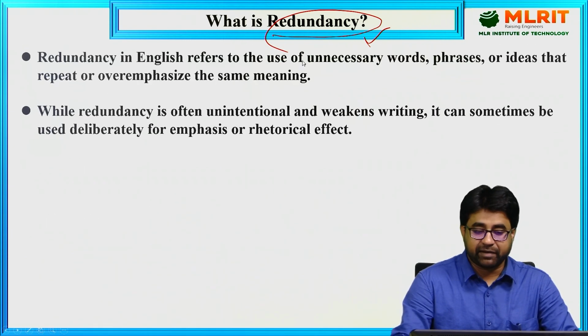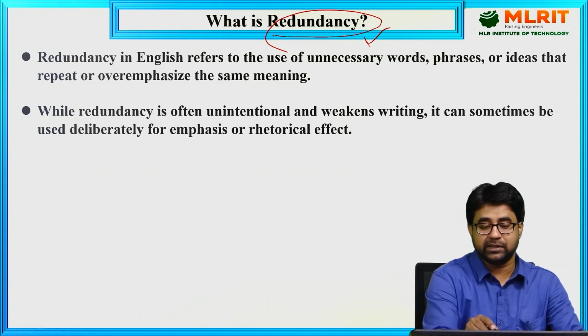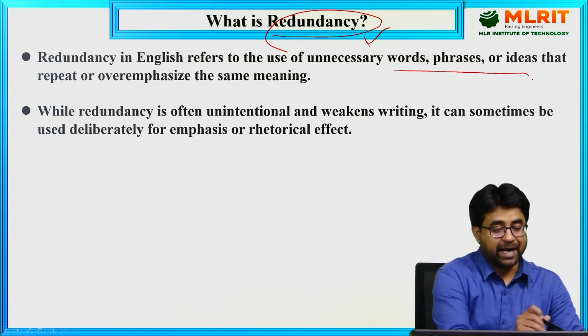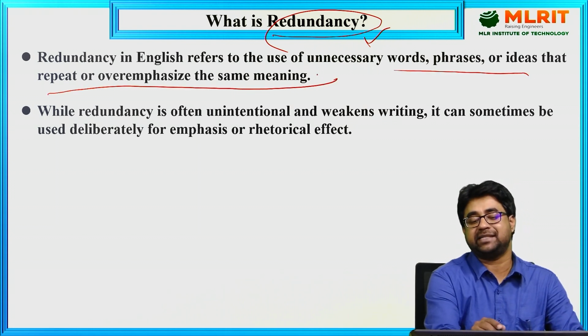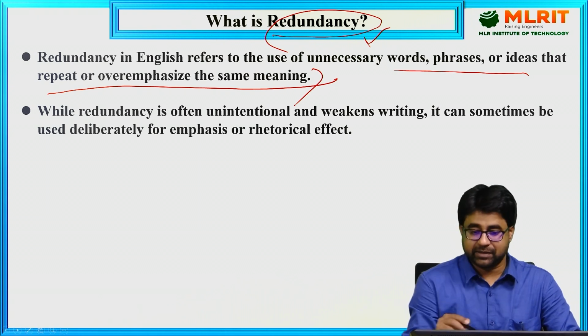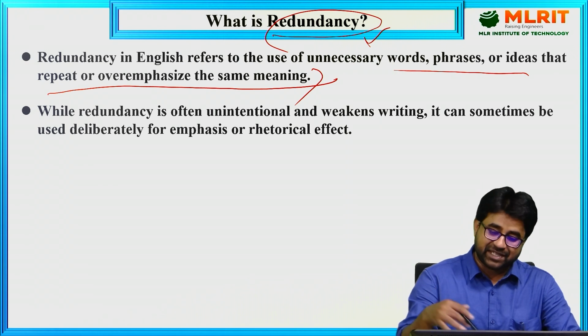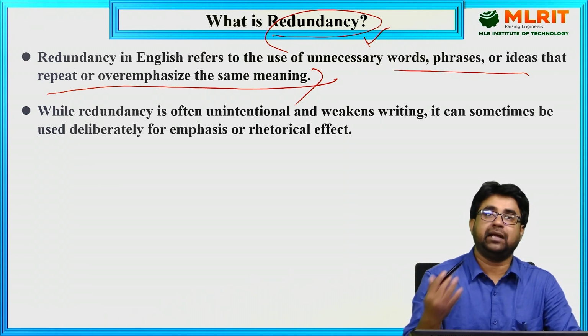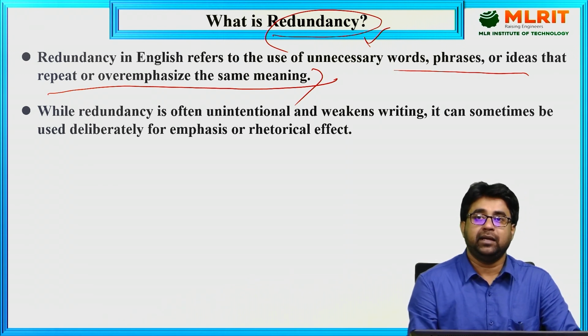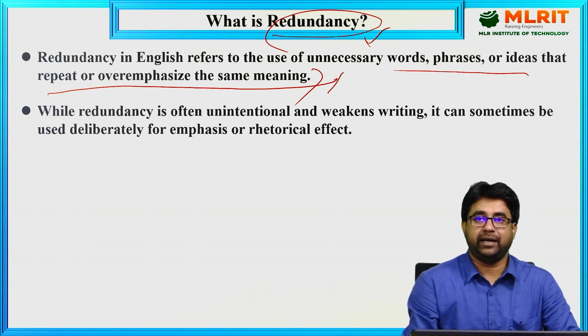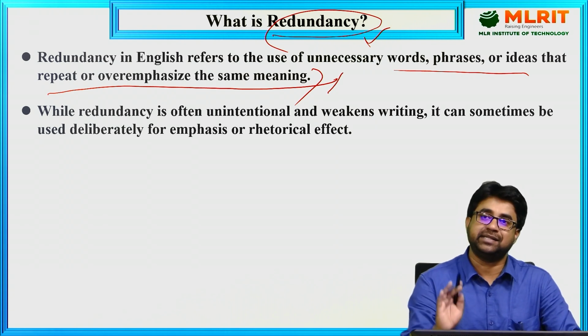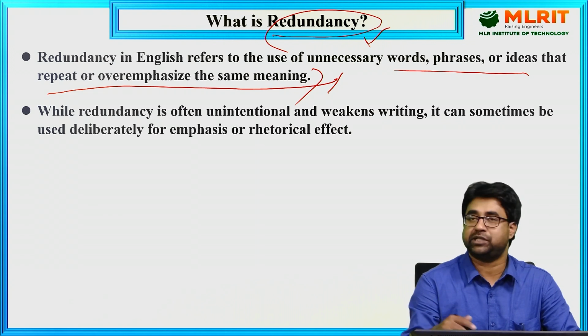Redundancy in English refers to the use of unnecessary words, phrases or ideas that repeat or overemphasize the same meaning. In a very simple way, redundancy means using extra words or repeating the same idea again and again, which are actually not relevant. So remember, redundancy means something that is not relevant or not required.